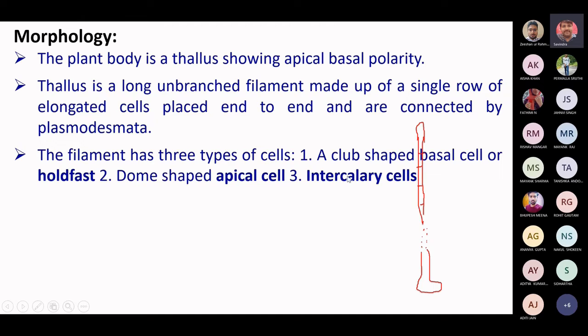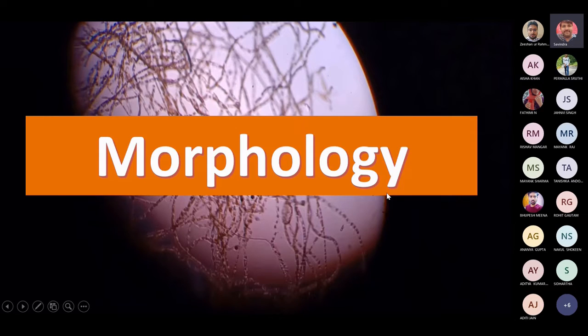The next is the filament that I have already explained, a club-shaped basal cell or holdfast, this one, a dome-shaped apical cell, this cell, and intercalary cells. There are three types of cells, the topmost cell and basal cell, and all the other cells are known as intercalary cells.